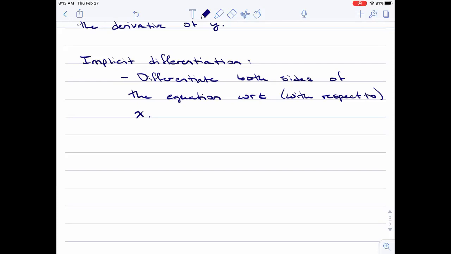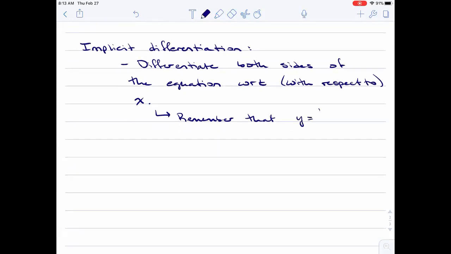The key is to remember that y equals f of x, right? So y is a function of x. And so that means that we're going to have a chain rule. If you've got y squared, for example, then that's f of x squared, which means you take the derivative of the outside and multiply it by the derivative of the inside.